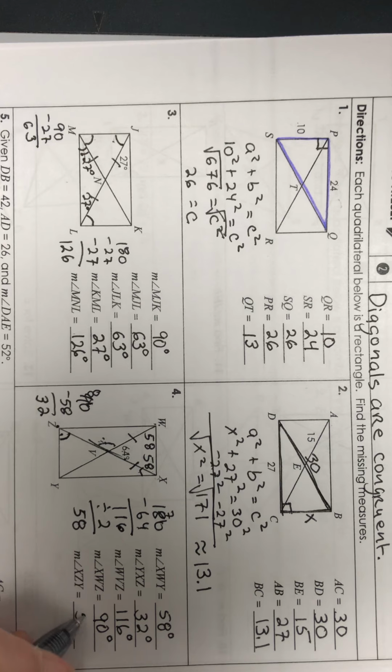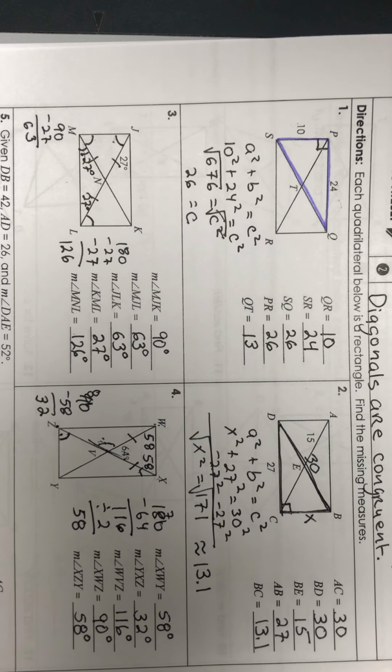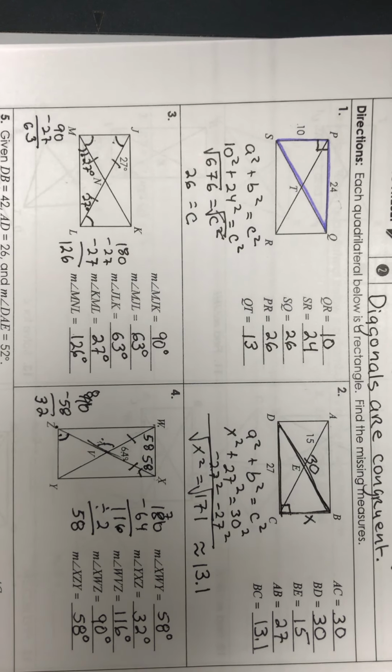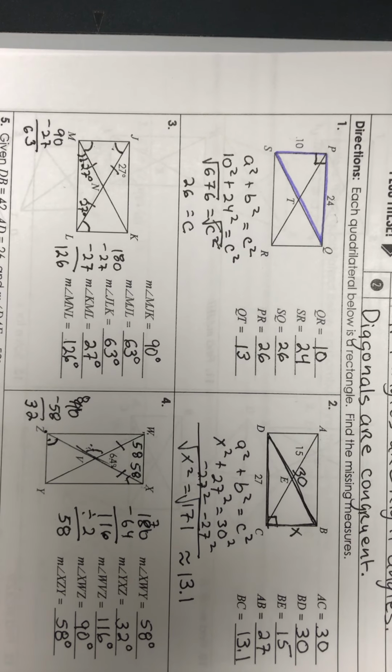So this is 58 degrees. Okay, that is really all the angle pairs and combinations that you can run into. From there, you should be good.